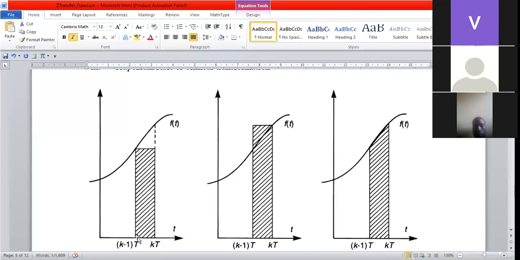For the forward rectangular rule, we are only considering it at the beginning of the integration. For the backward, we are only considering the time at the end of the integration. But for the trapezium rule, we are considering both the time at the start and at the end.